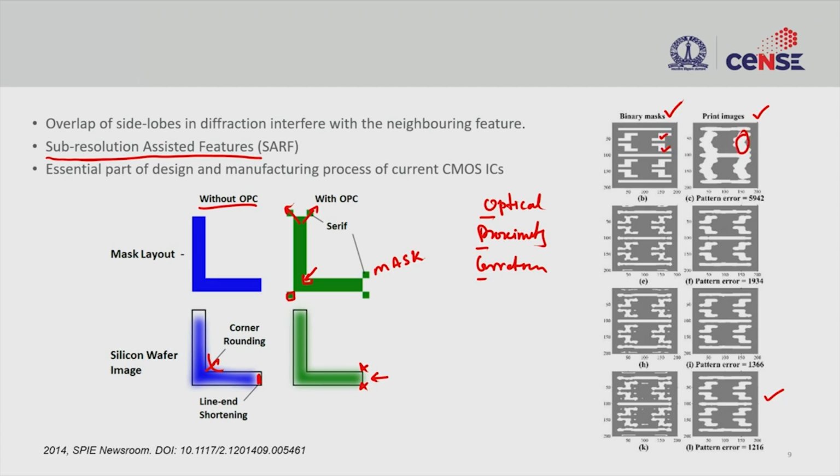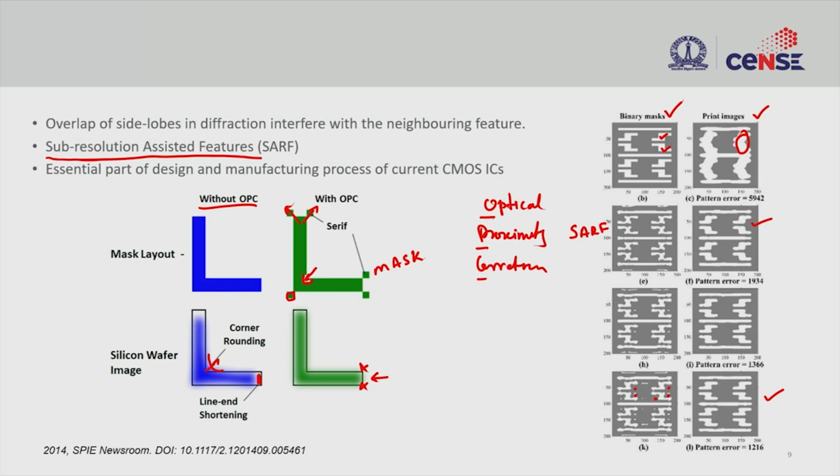But then at the mask level you start adding assist features, right. This is sub resolution assist features. What you get is a reasonable reproduction, okay. But now I am going to take this to a different level by profiling the optics. So now you see the assist features are all over the place, right.